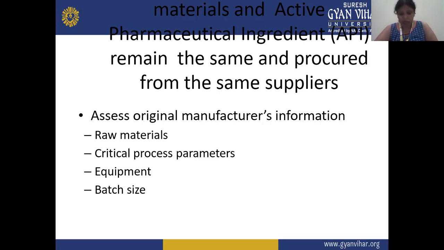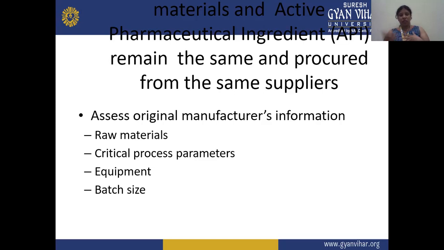So when we are transferring the technology, we should keep this in mind. For example, we are making a formulation and transferring its technology to the other side. We should transfer it by using the same supplier and same ingredients.